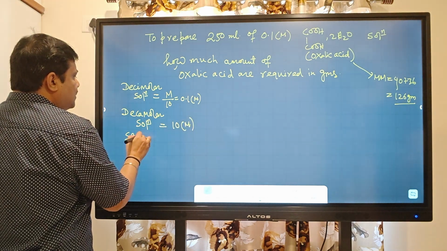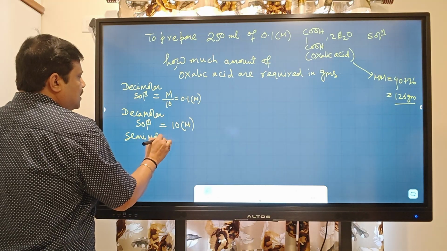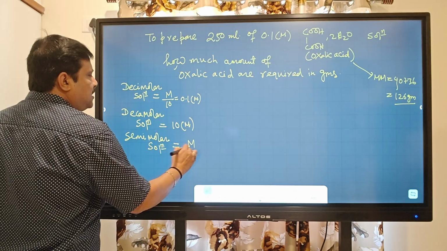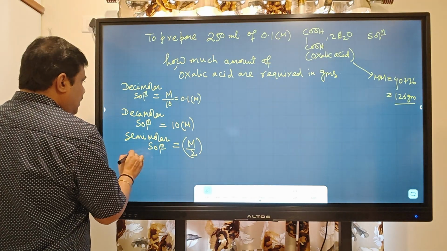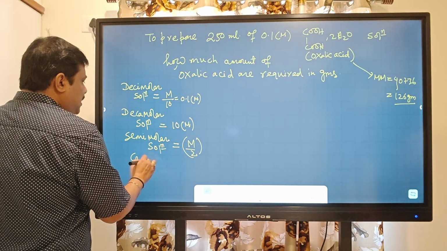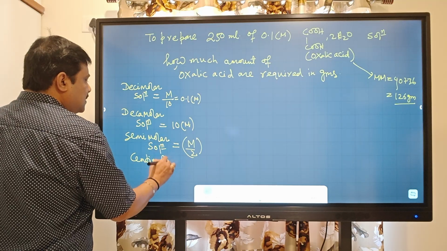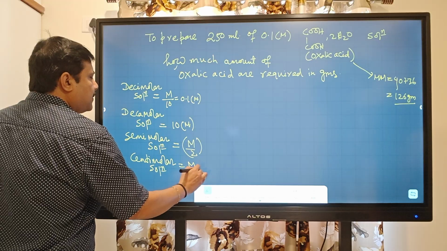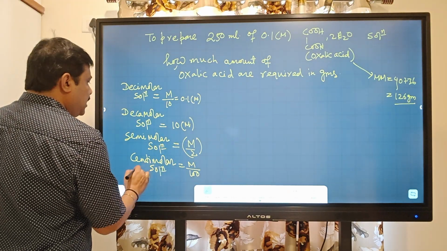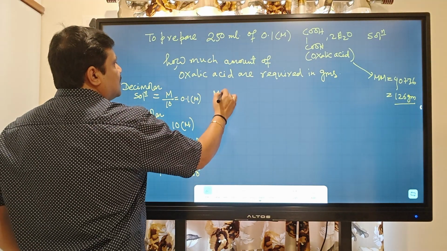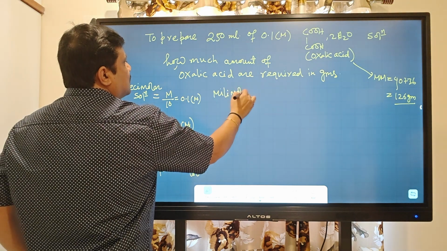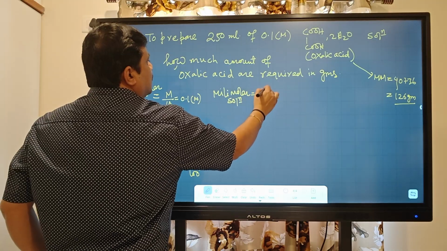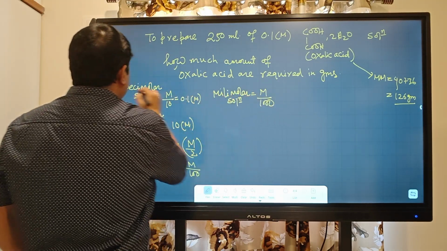Semimolar solution means M by 2. Centimolar solution means M by 100, and millimolar solution means M by 1000. These things you must always remember.